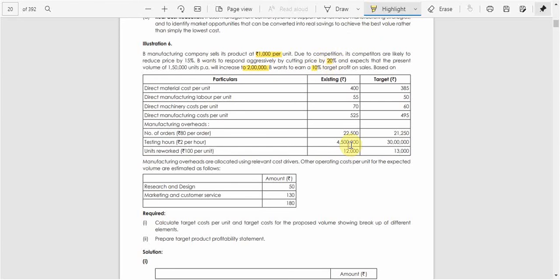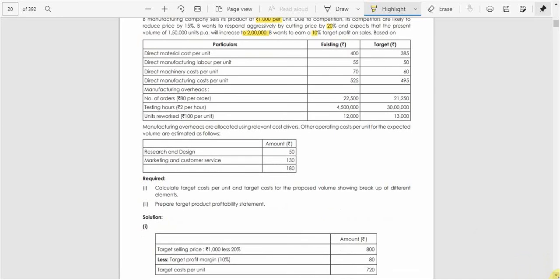So we have the existing selling price of 1000 per unit and he wants to reduce 20% of the selling price. So if you reduce 20% on 1000, the new target selling price will become 800, right? 1000 less 20% becomes 800.